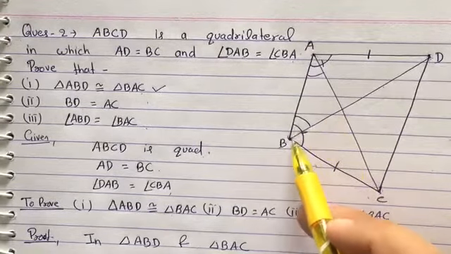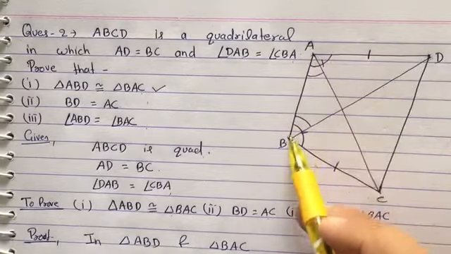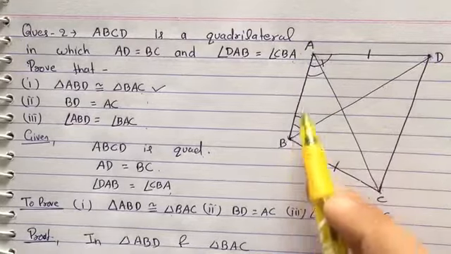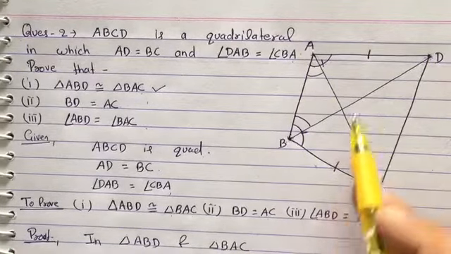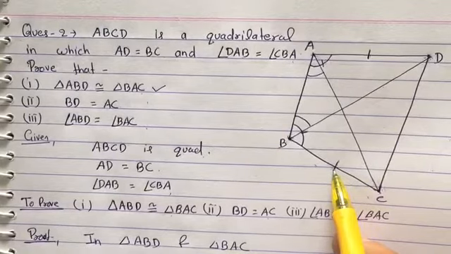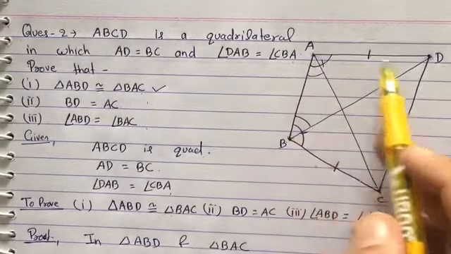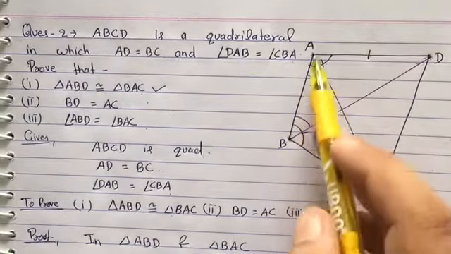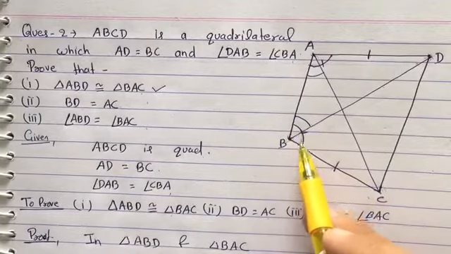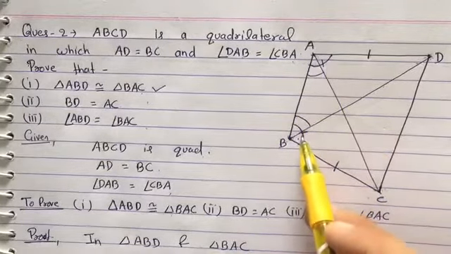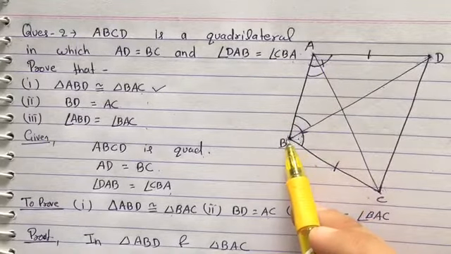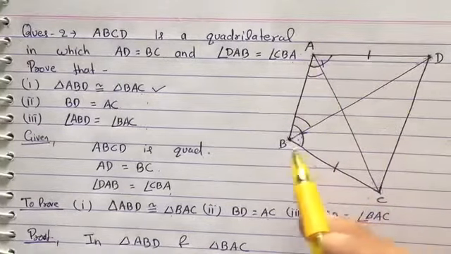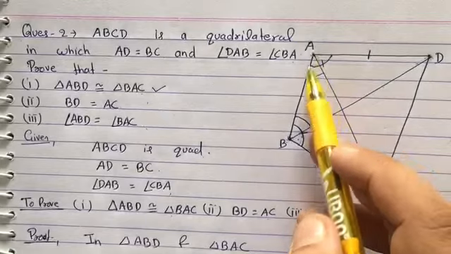You can say in triangle ABD, this AD, and in triangle BAC, this BC, both are equal. Second, in triangle BAD, this angle, and in triangle BAC, this angle, both are equal to each other. This is also given. And third thing, in triangles ABD and BAC, this AB is common.